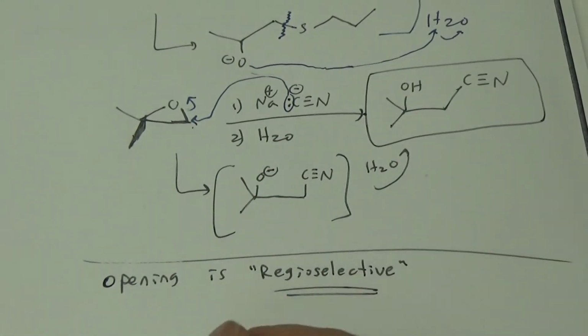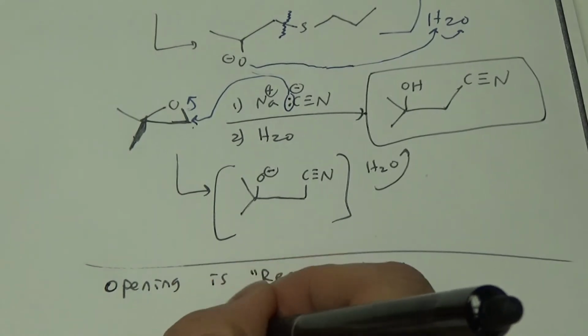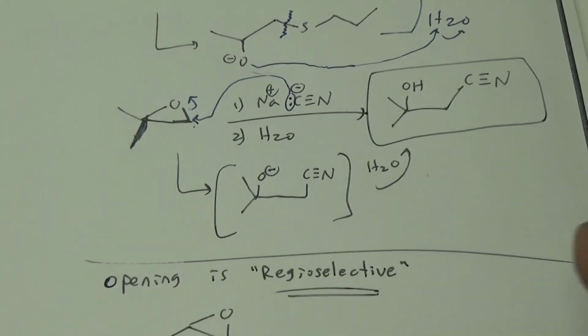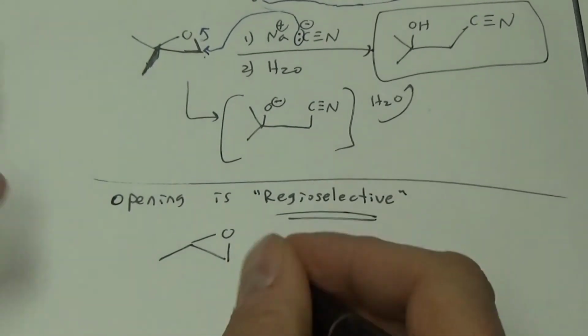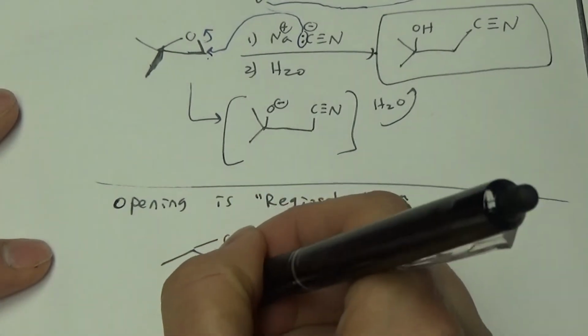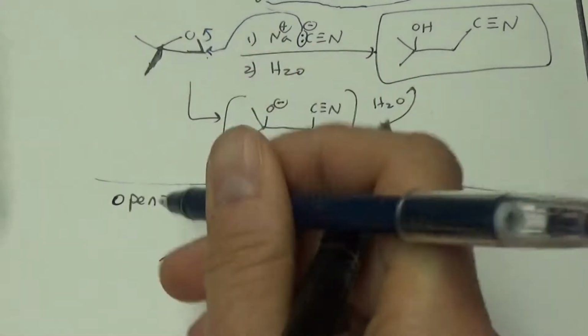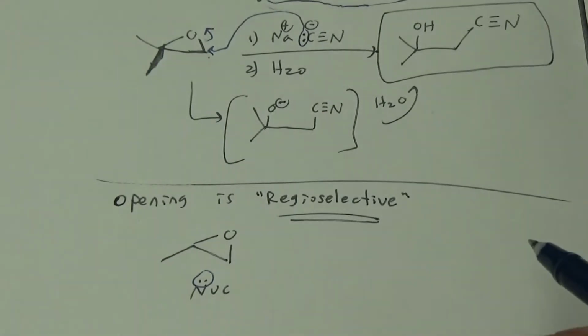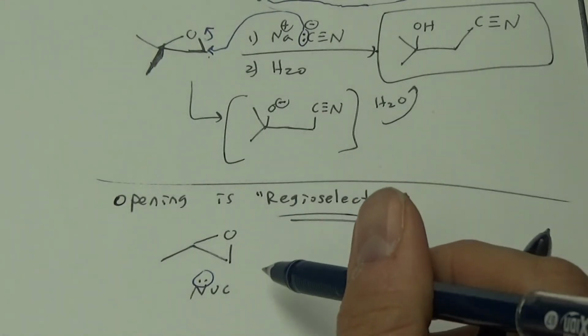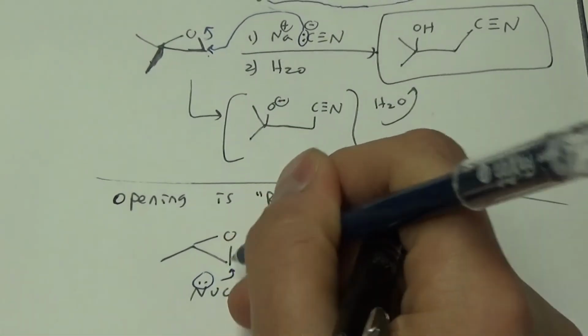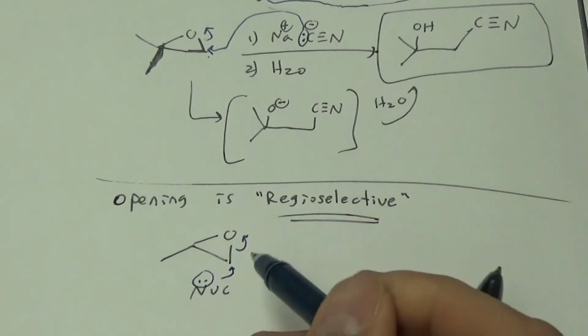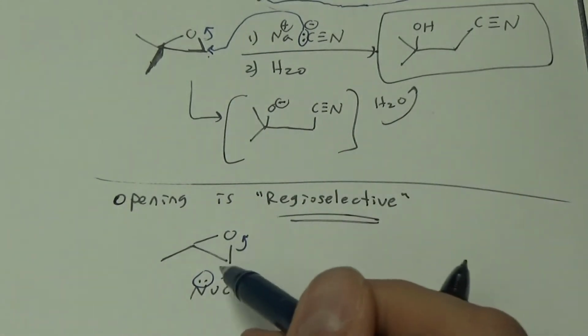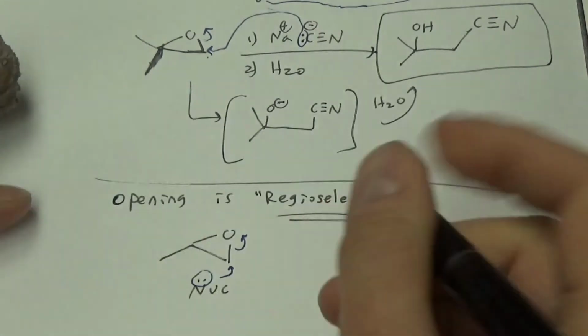Alright, so just one more example. Let's draw a random epoxide. If I'm the nucleophile, am I going to attack the left or the right in this sort of SN2 style approach? It's always going to attack the right, because it's less hindered on the right side.